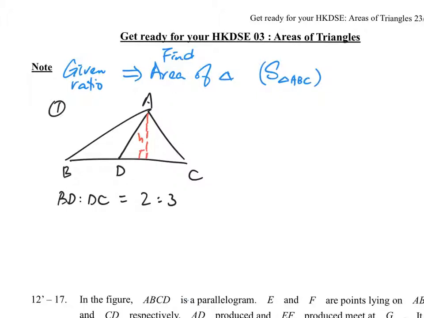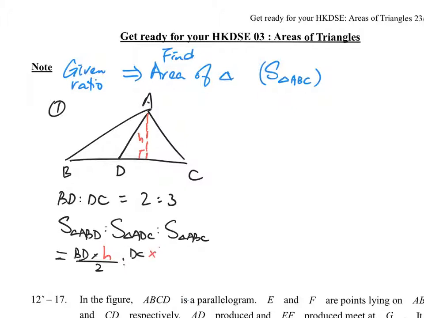So when we are talking about the ratio of the area of triangle ABD to the area of triangle ADC, or even to the area of triangle ABC, it's talking about the base BD and the height H, divided by 2. Then the other is DC, height the same H, over 2.